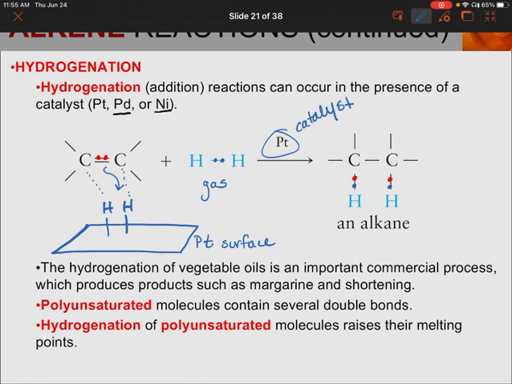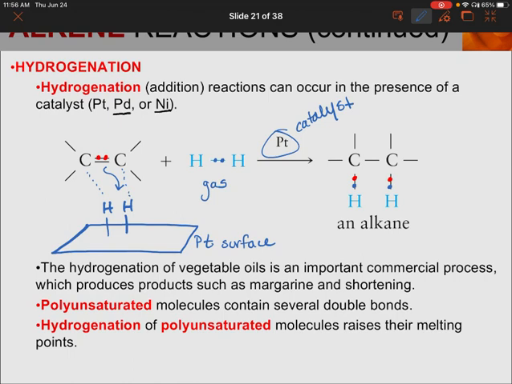You might have heard of hydrogenation before. For instance, the hydrogenation of vegetable oils is an important commercial process, and that produces products like margarine and shortening, which you might use in baking or other types of cooking.